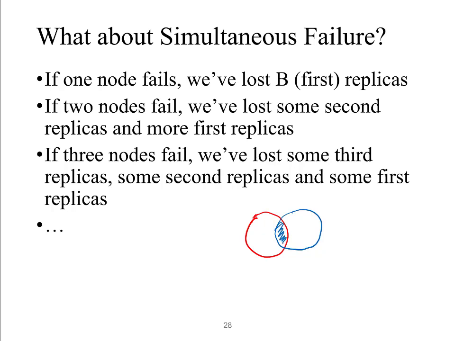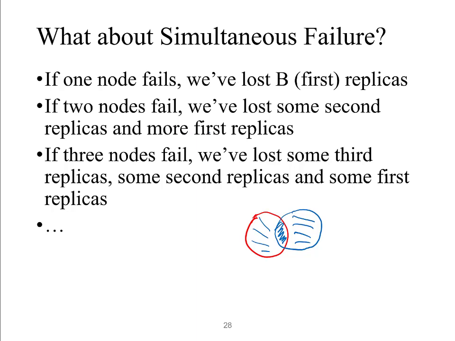Here are those replicas that lie in both nodes, and for this part and this part, we only lost the first replicas.